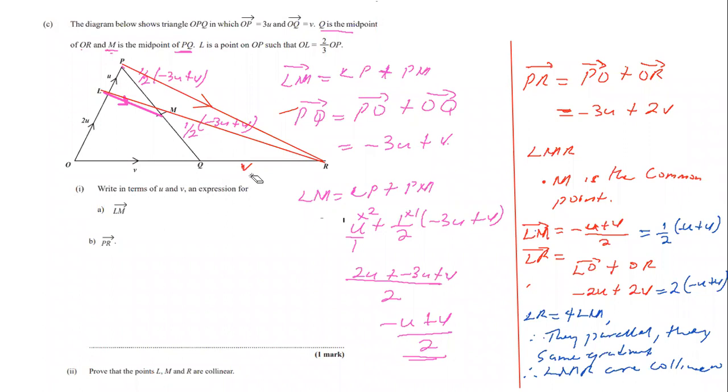Sir, for the formulas, like the cosine rule formula, would that be given to us in the examination, or do we have to memorize it? Okay, so the cosine rule, you are going to get it in front of the paper. Most of the formulas you need will be there, but not all of them. Some of them you are required to know.